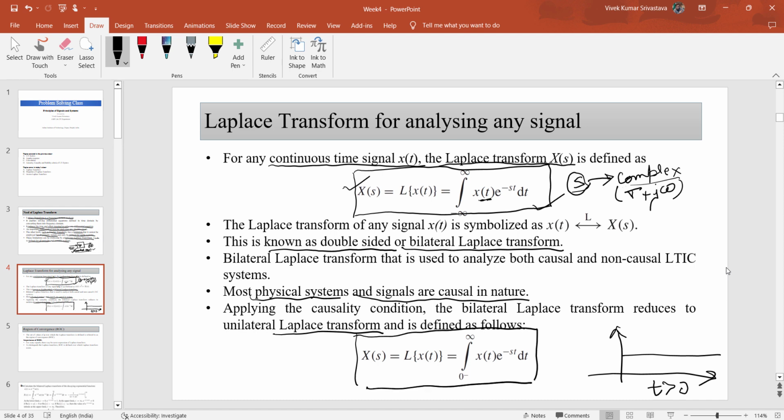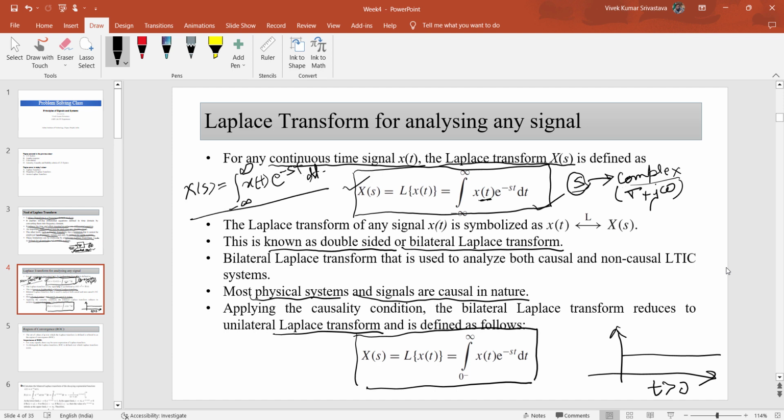Here we can see that the limit starts from 0 minus till infinity. So for determining the bilateral Laplace transform we use X of s equals the integral from minus infinity to infinity of x of t into e raised to the power minus st dt.